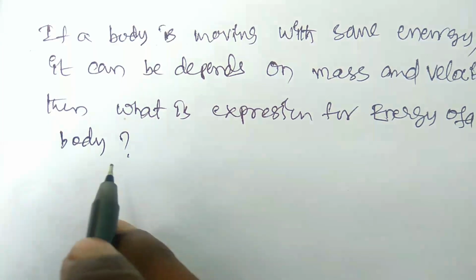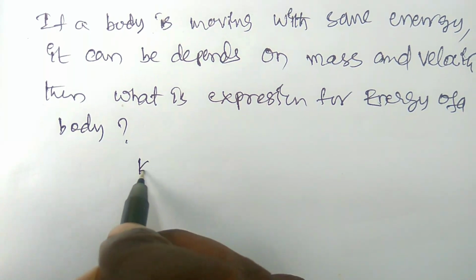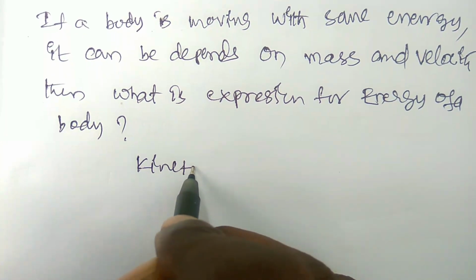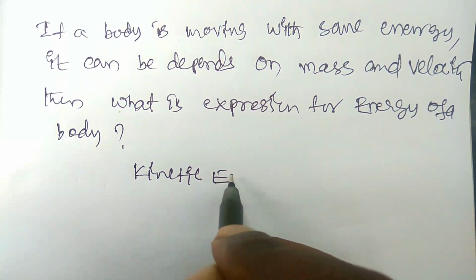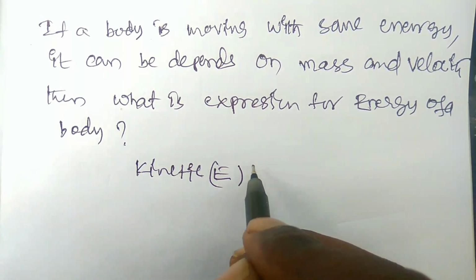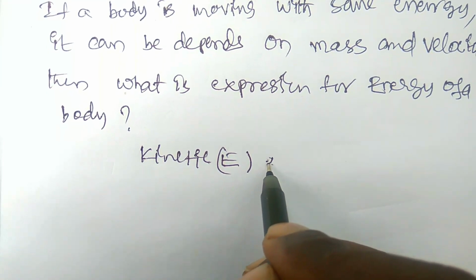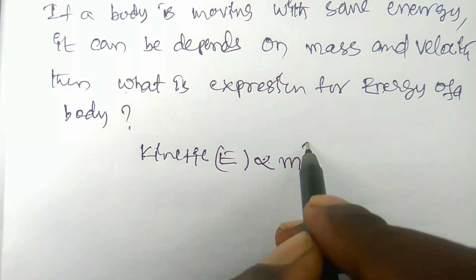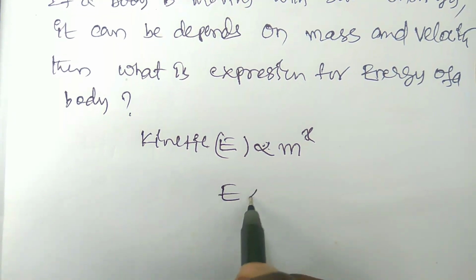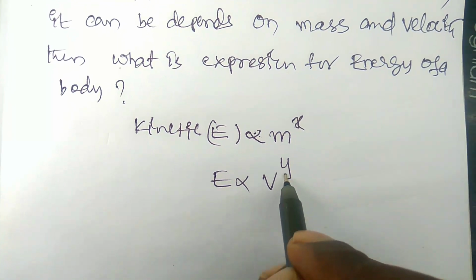Energy means the moving body must have kinetic energy, that is E. It can depend on the mass and velocity of the body. So E is proportional to mass power x and E is proportional to velocity power y.